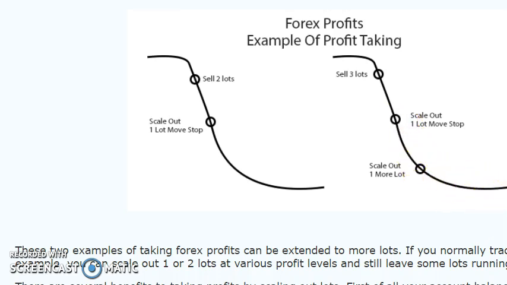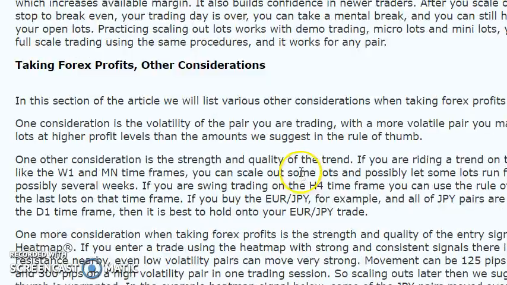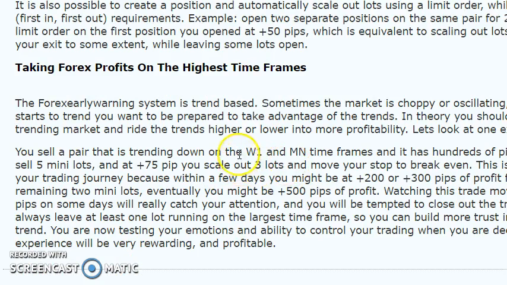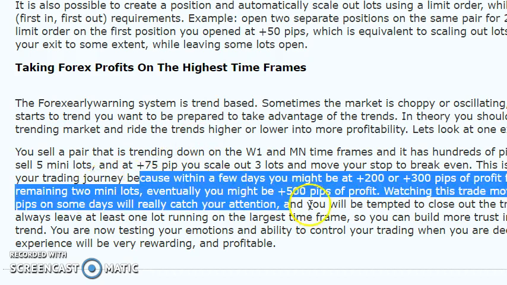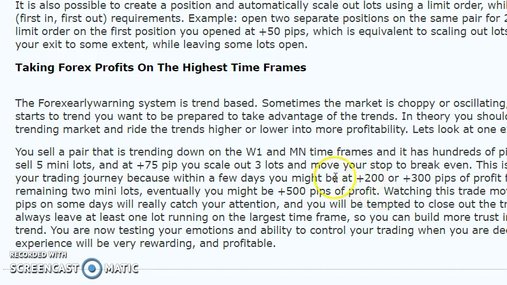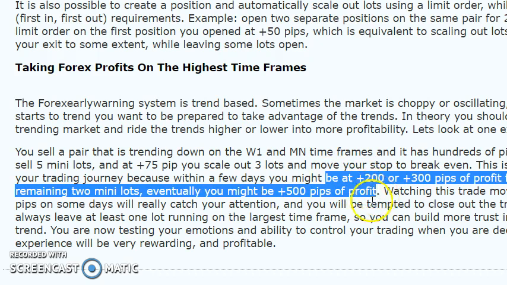And then if this pair continues lower because it's trending on the higher time frames, it's really got a strong long-term trend going, there might be a point a week from now where you're looking at a trade that has, on that remaining lot, hundreds of pips of profit. And it's going to be difficult, because you're going to be watching it bounce up and down.